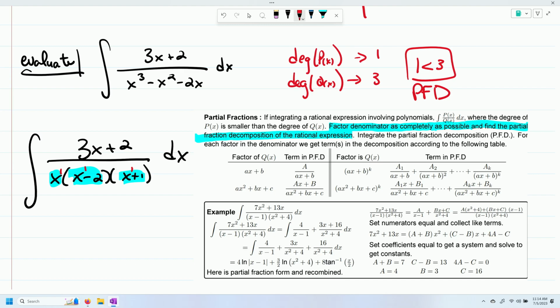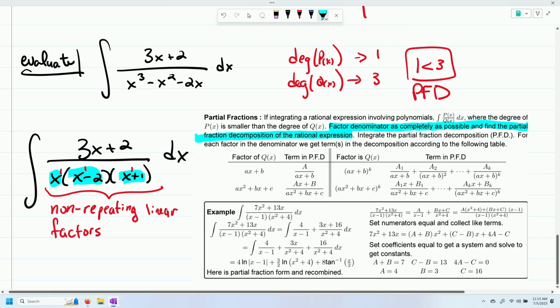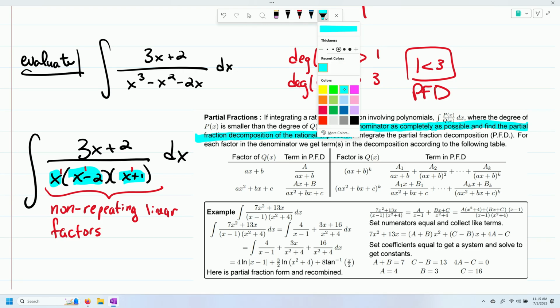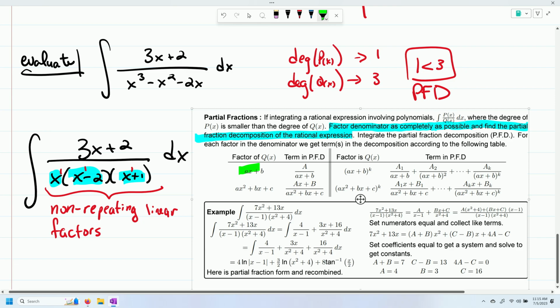So each one of these factors has a highest degree of 1. Therefore, we have linear factors and they are non-repeating. So we call this just non-repeating linear factors.